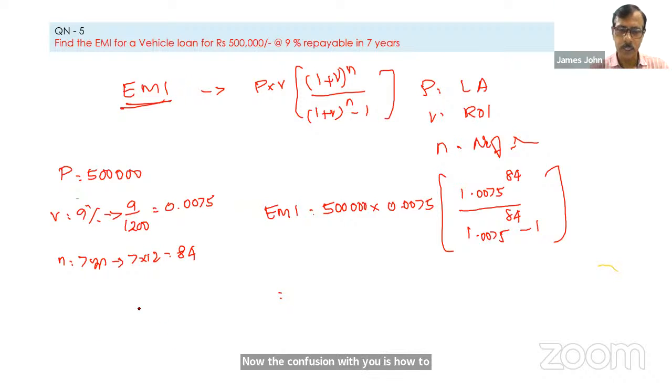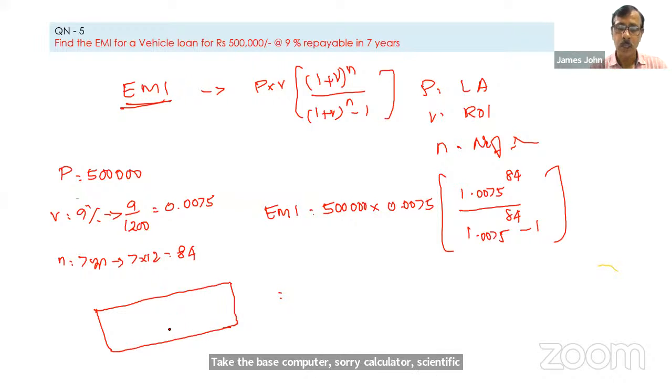I've already explained in various sessions, but for those who are listening to me for the first time, take the basic calculator. A scientific calculator is not permitted in the examination hall, so you have to use the basic model of Casio or some other calculator. Take the calculator and type 1.0075, type into again 1.0075, then put the equal sign.